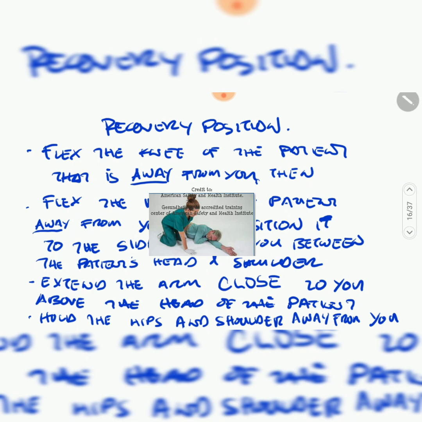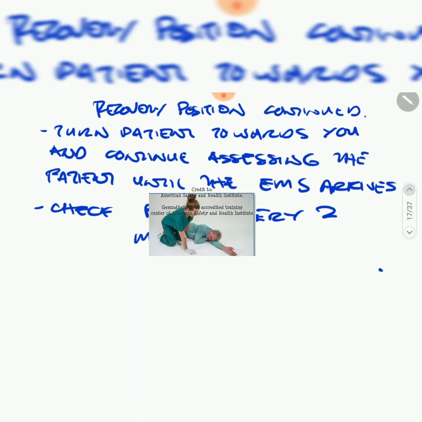Then extend the arm close to you above the head of the patient. Then hold the hip and shoulder of the patient that is away from you, then turn the patient towards you, supported.